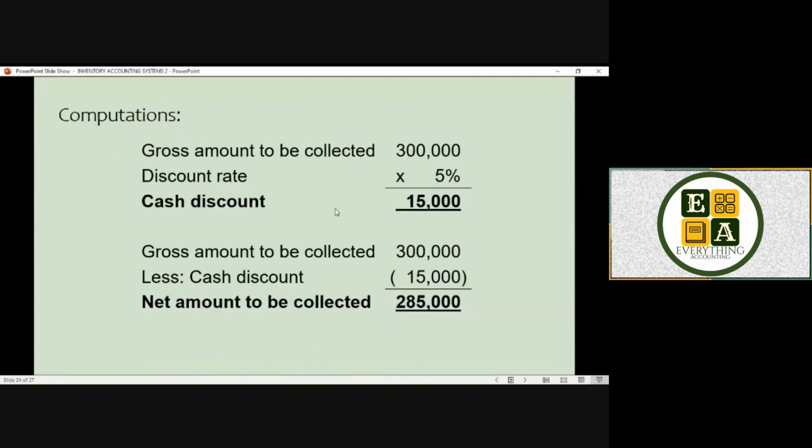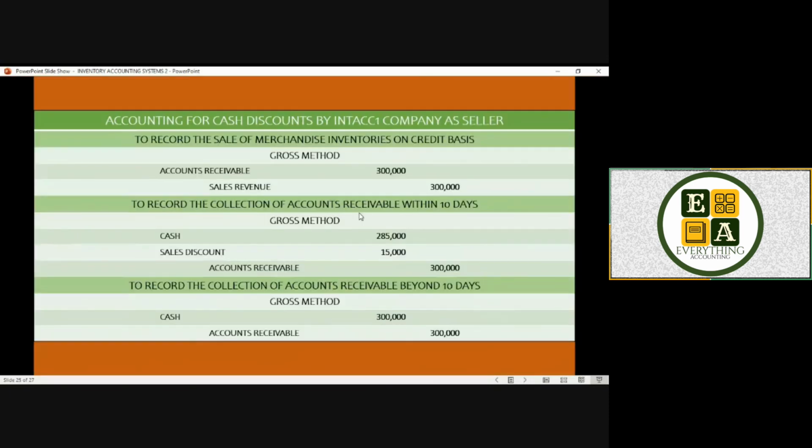So, computations: 300,000 times 5%, 15,000 is our cash discount or sales discount. If the customer pays within the discount period, we will only collect the net amount of 285,000. So, in the journal entries under the gross method, we debit accounts receivable and credit sales revenue for the gross amount of 300,000.